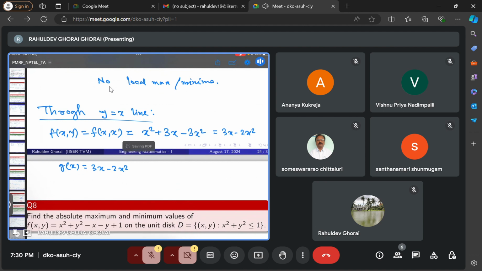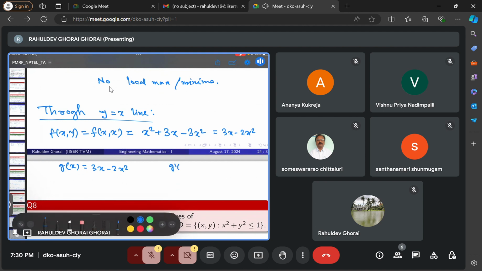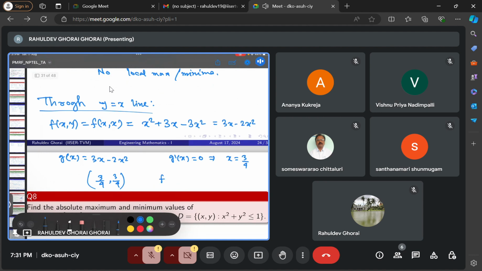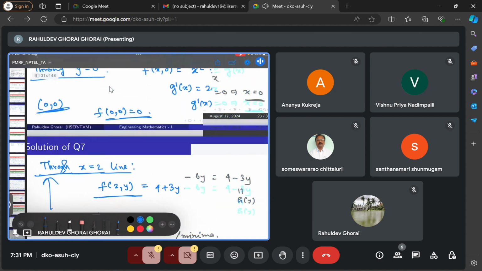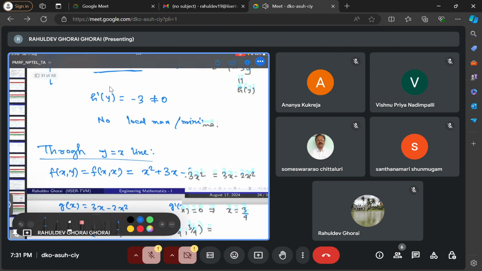And if you make g dash x equal to 0, it will give you x equal to 3 over 4. So the point you get here is 3 over 4, 3 over 4, which means at this point also the function can have a maximum or minimum.